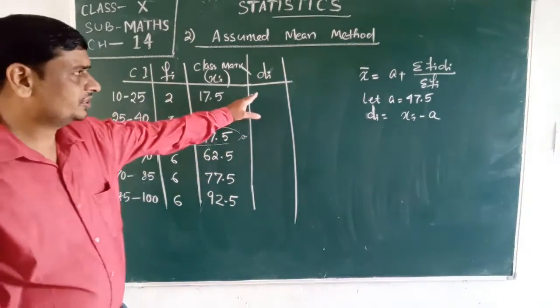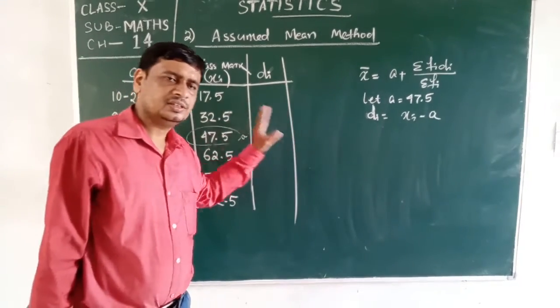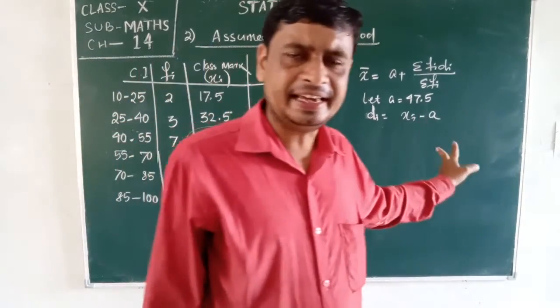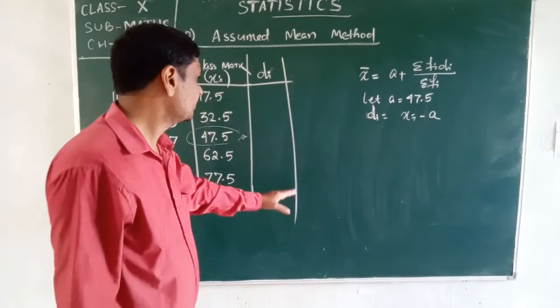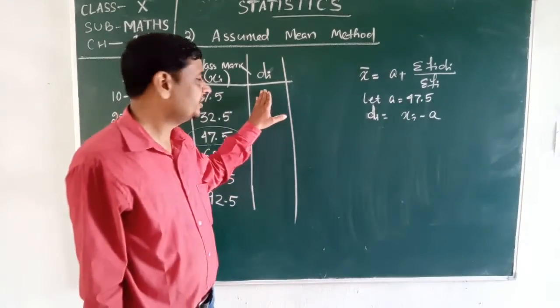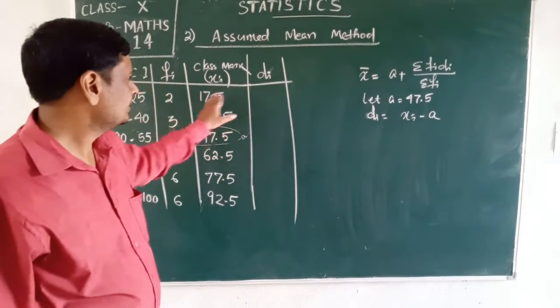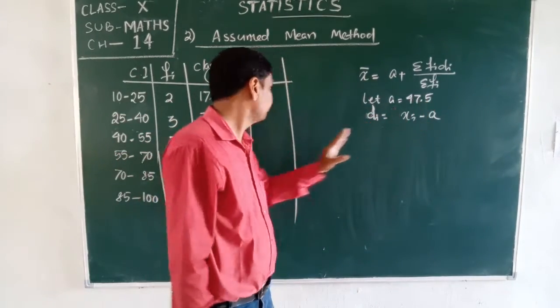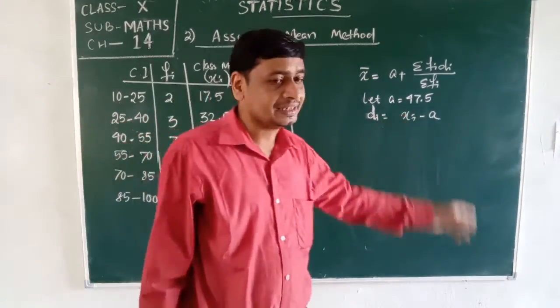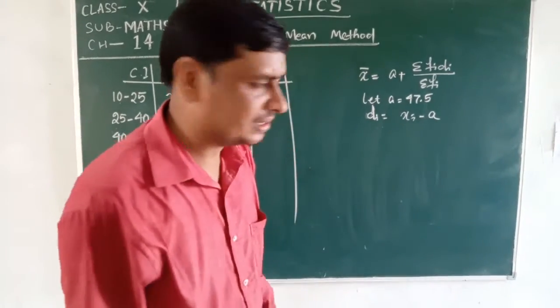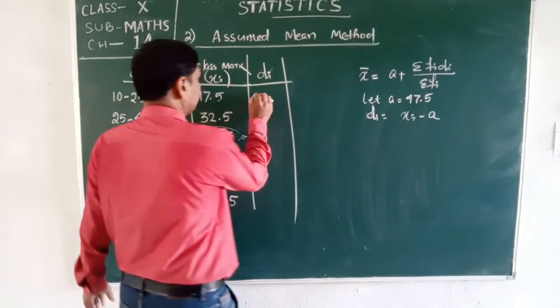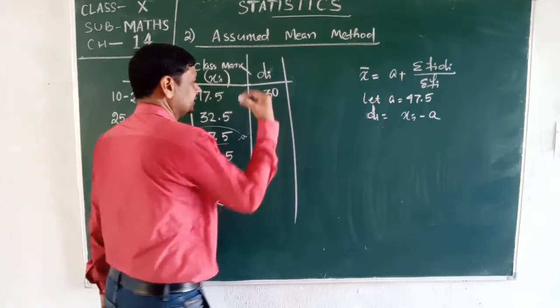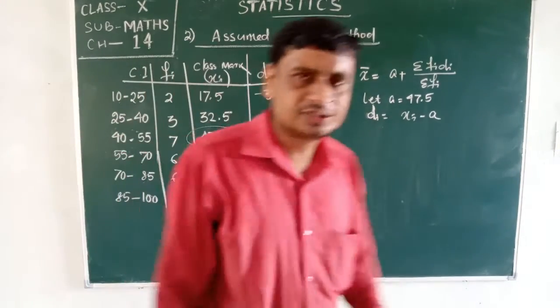We have to write the difference of xi and that A in this column. So for D1, it is 17.5 minus A, 47.5. 17.5 minus 47.5 becomes minus 30.